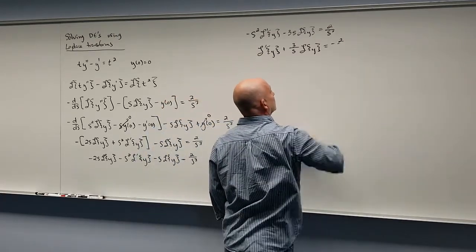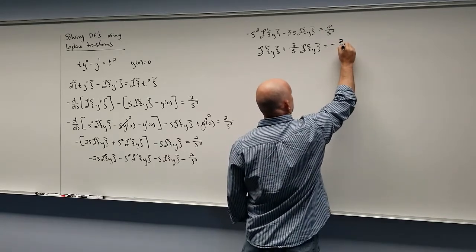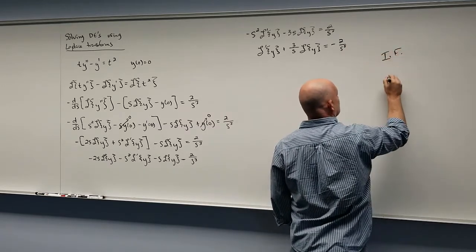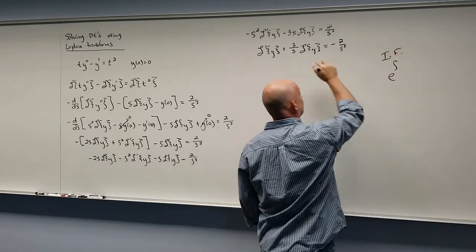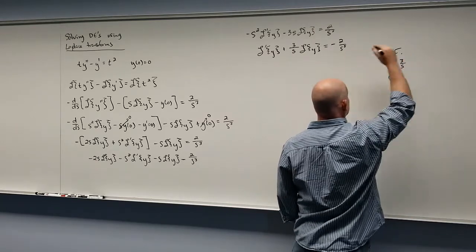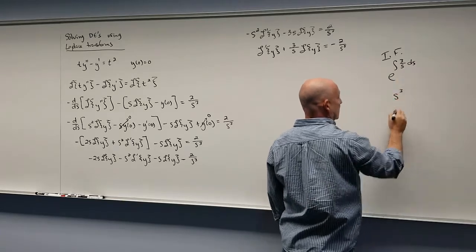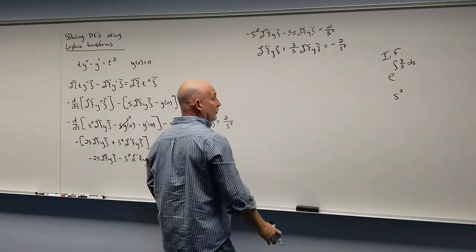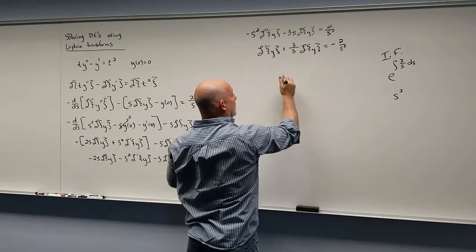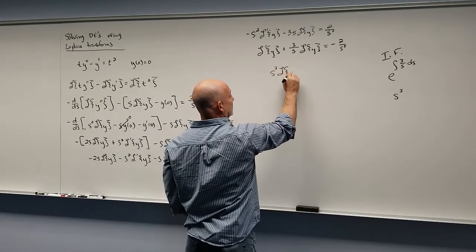Okay, so since it's first order linear, we need to use an integrating factor. And remember, your integrating factor is e to the integral of whatever's in front of the non-derivative term, ds. So we've done these a lot before. This ends up just being s cubed. So we multiply the left-hand side by this integrating factor and integrate. We always get the integrating factor times the dependent variable.